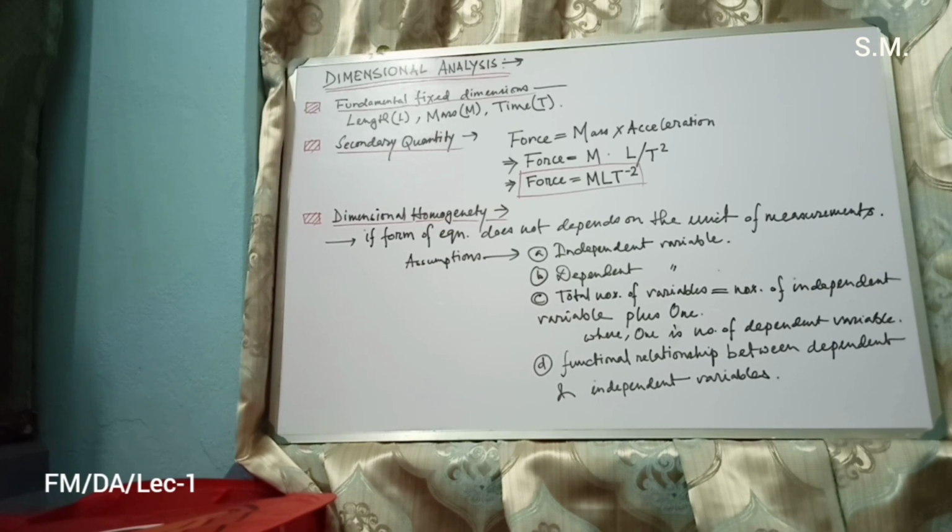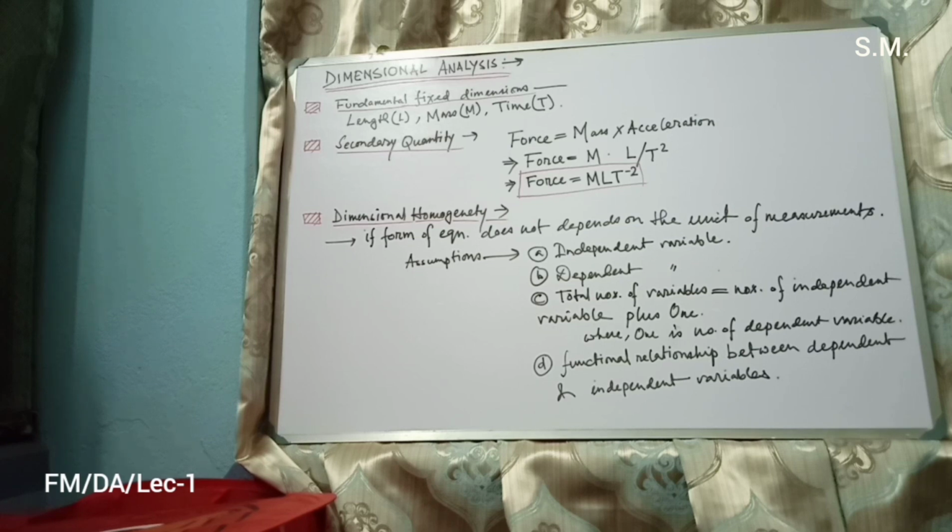Now, dimensional analysis is a very powerful tool in formulating problems of physical phenomena which have no analytical solution and must be solved experimentally. It helps to obtain the maximum information by minimum experiments.